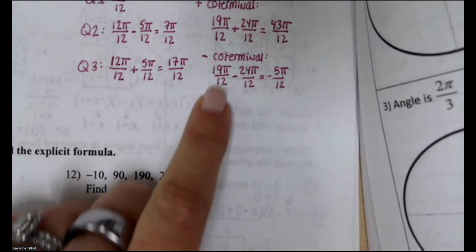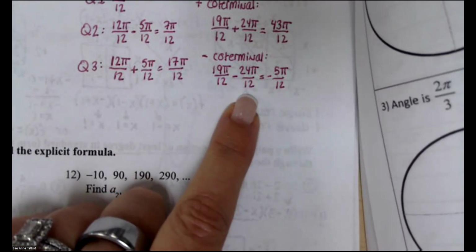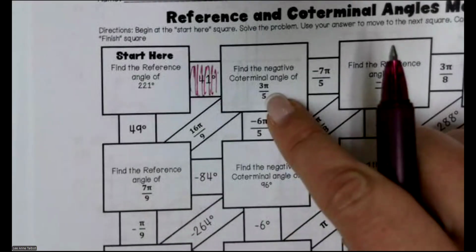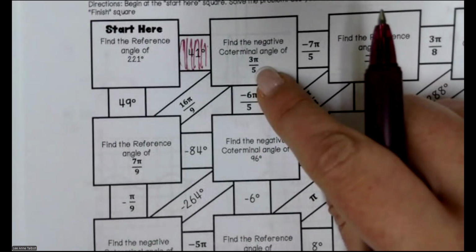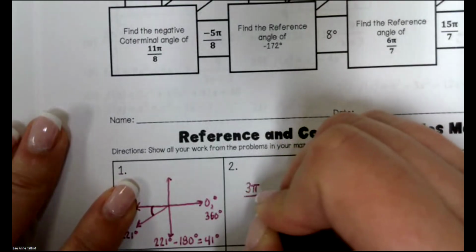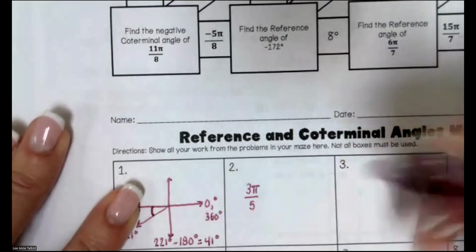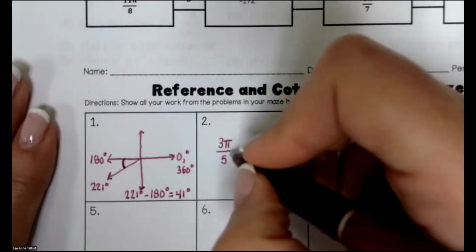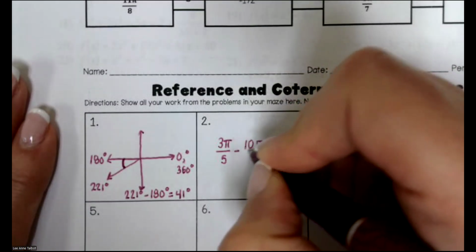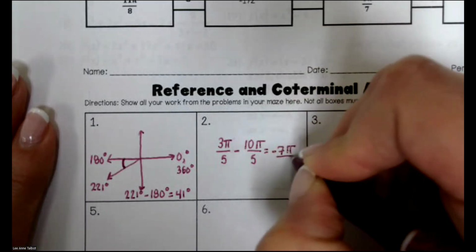So I did my original angle minus 360. What would be 360 for 3 pi over 5? 10 pi over 5. Okay, so 3 pi over 5 minus 10 pi over 5 equals negative 7 pi over 5.